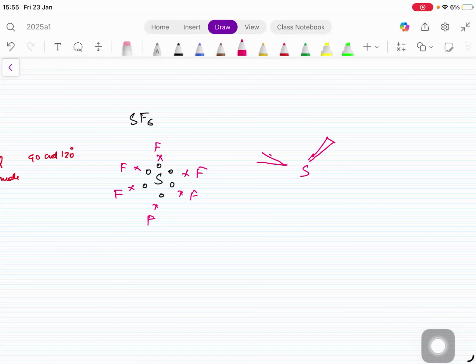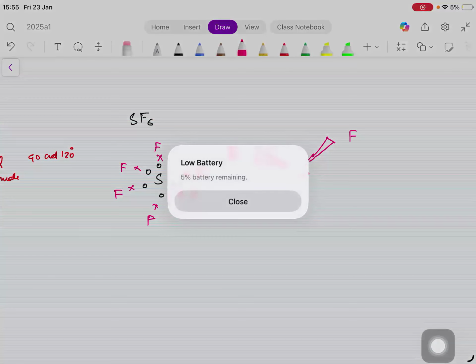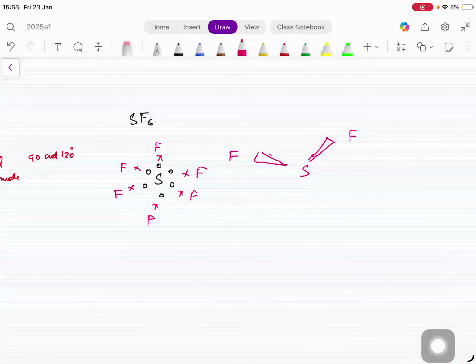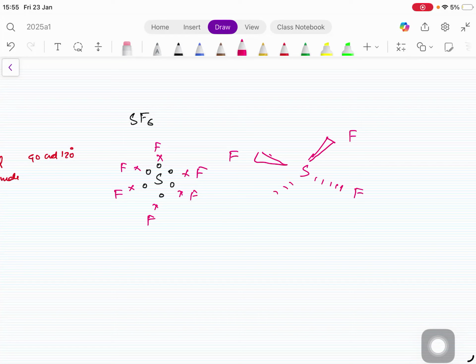Here is the fluorine. So there are 2 fluorines, and there are 2 more here. So these are the 4, with 1 on the top and 1 underneath.